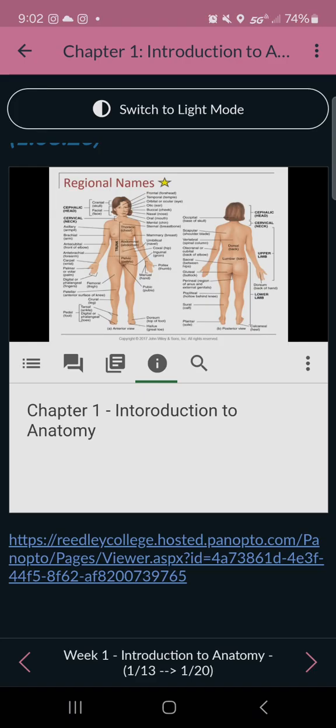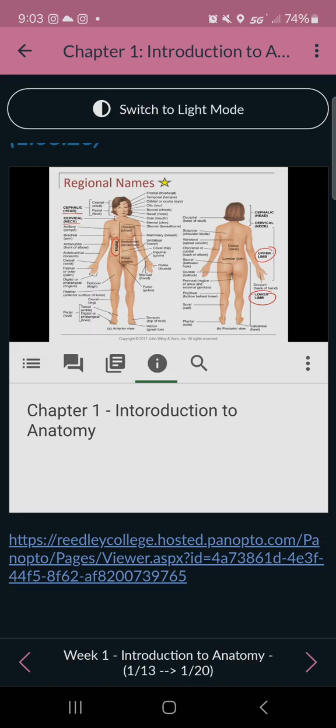Regional names. The human body is divided into several major regions that can be identified externally. Okay, this slide is very important. The principal regions of the human body are the head or the cephalic region, the neck or the cervical region, the trunk, and the upper limbs and the lower limbs.